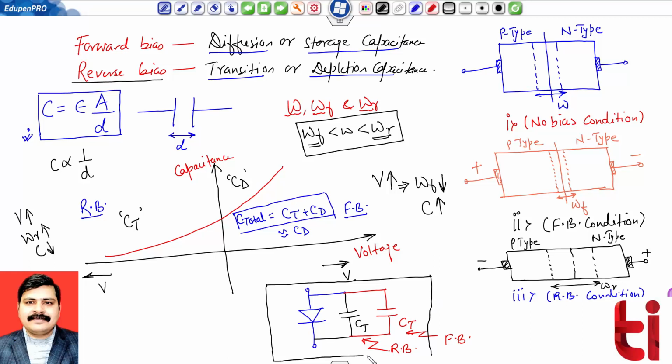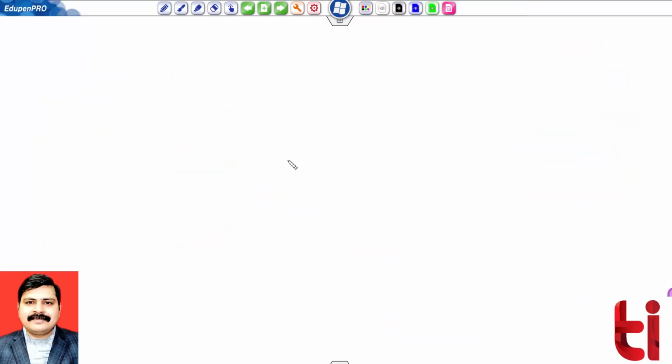So to include the effect of frequency, we must know about the diode capacitance. There are several terms, several notations we have used which are very important and must be known for the diode, because there are a number of manufacturers available, and they will change their database.